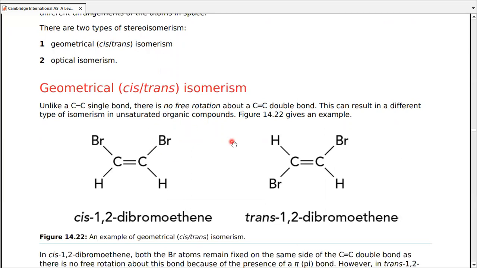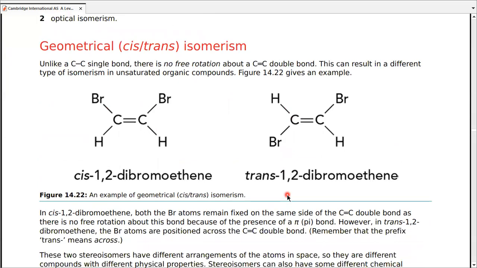Now, geometrical or cis-trans isomerism is all about carbon-carbon double bonds and how they can't have free rotation, and the atoms in space, if rotated, will have the other type. As the name suggests, this one has two types, cis isomers or trans isomers.